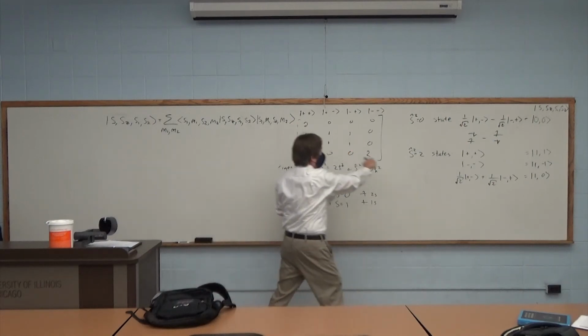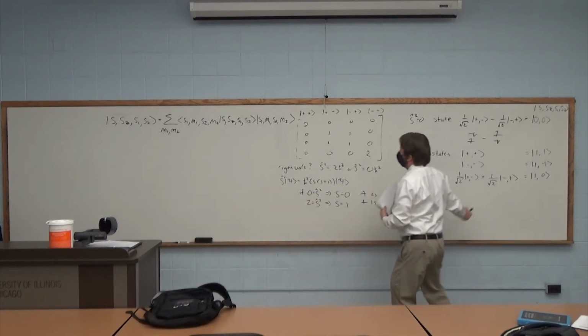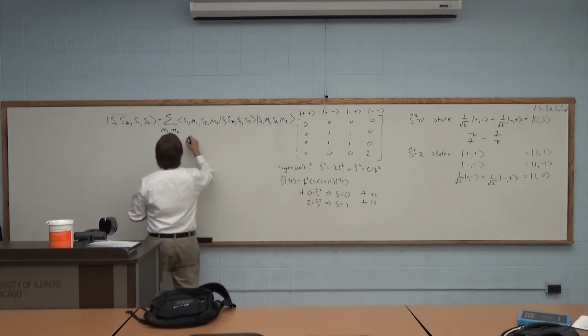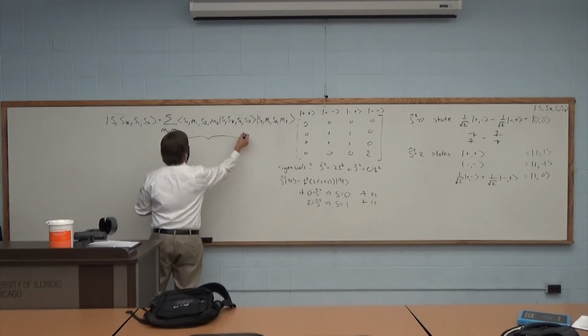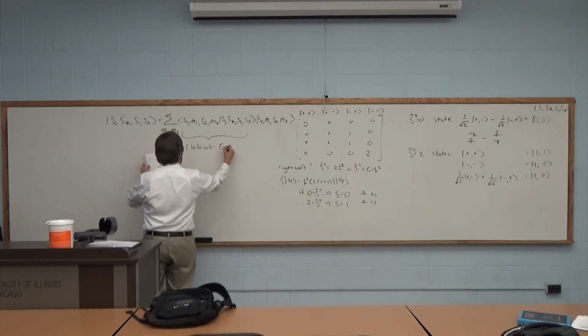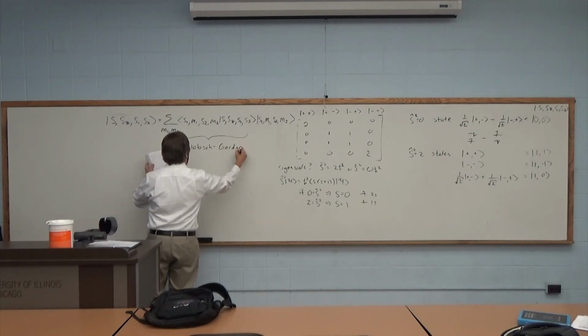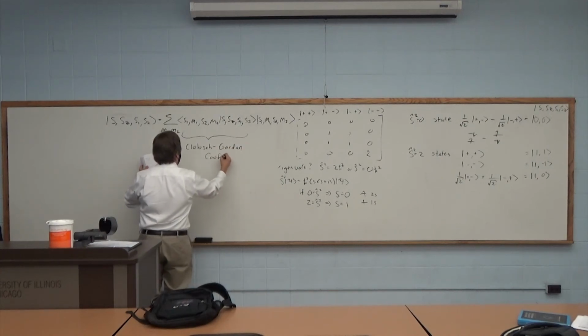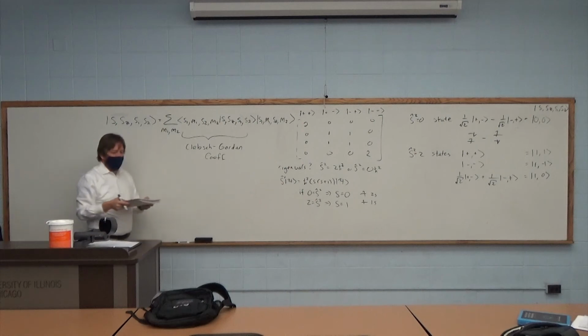Right, these are these. Okay. Now, these things are called Clebsch-Gordan coefficients.